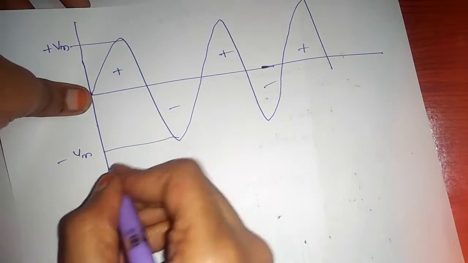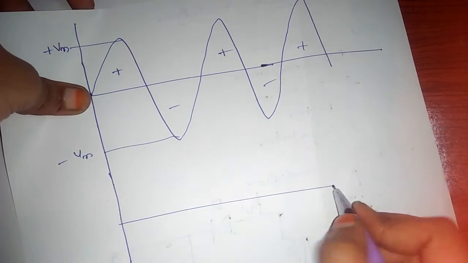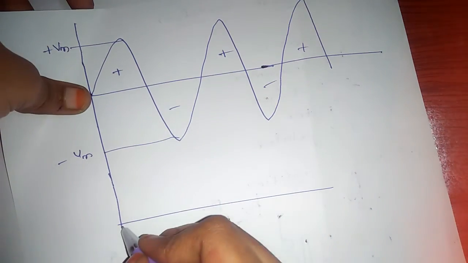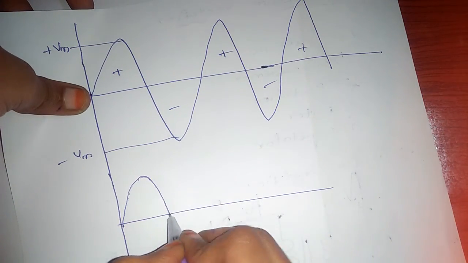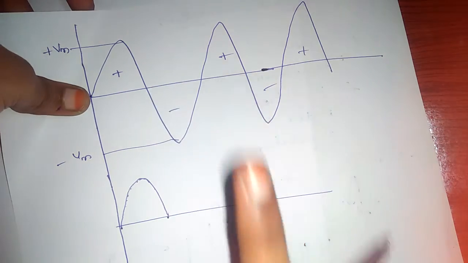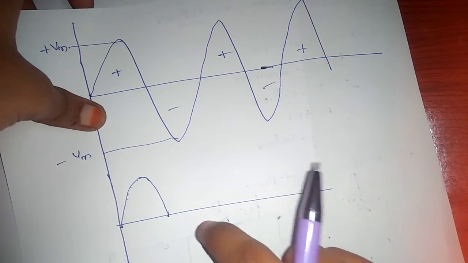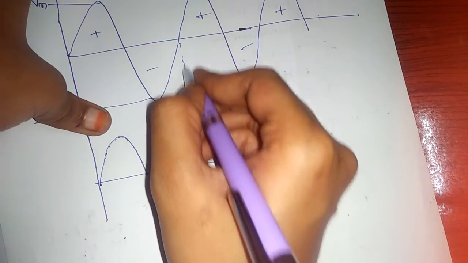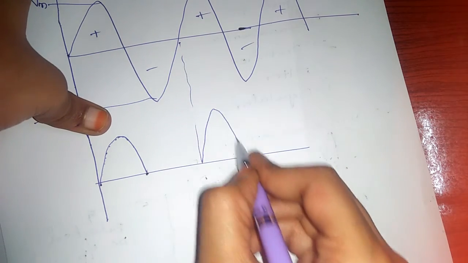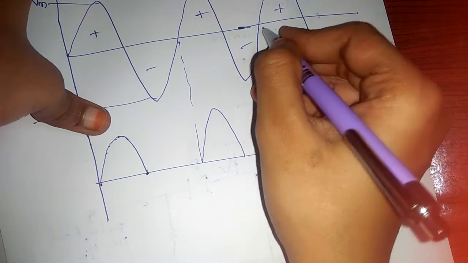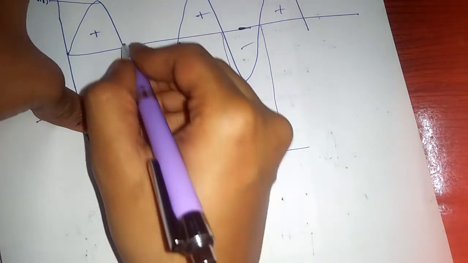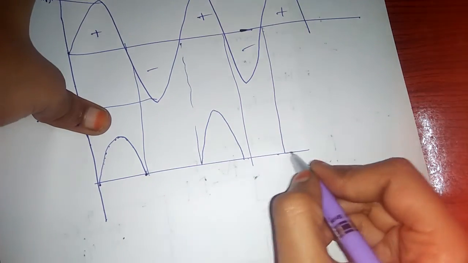For the positive half cycle, the diode gets forward biased, so the current of that half cycle will flow, and then in this half cycle it acts as reverse biased, and no current will flow, so nothing is shown here. For the next half cycle, again the same process, and it will continue until we stop the supply.